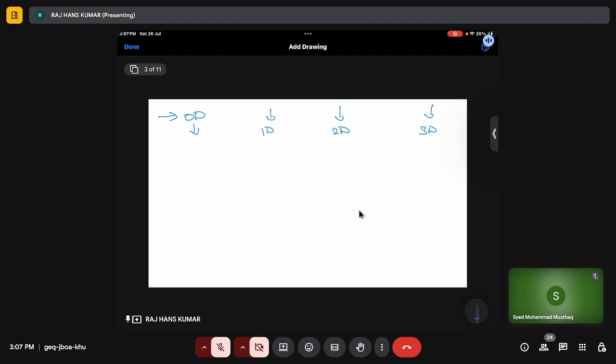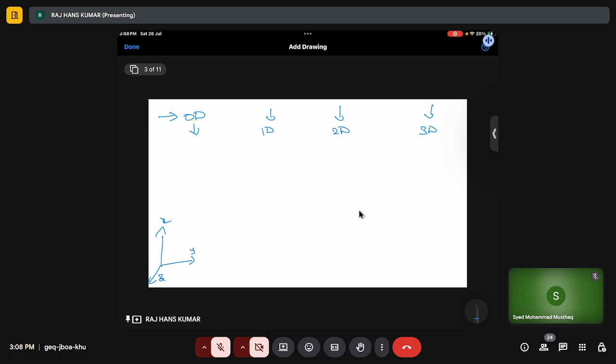Let me mention it here. We are all well versed with our coordinate axes, which are x, y, and z. Any object in the universe should occupy some space, and that space should be 3-dimensional. Unless it is 3-dimensional, you cannot touch or feel anything.